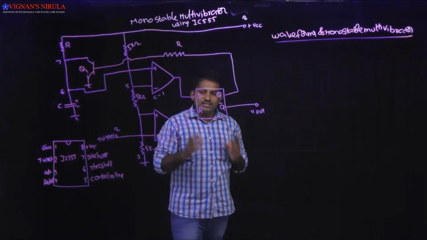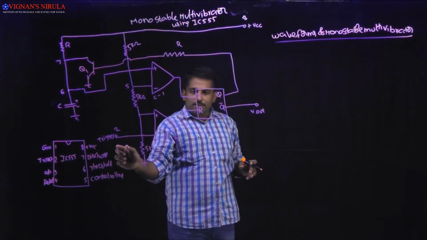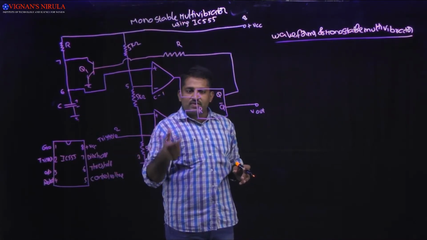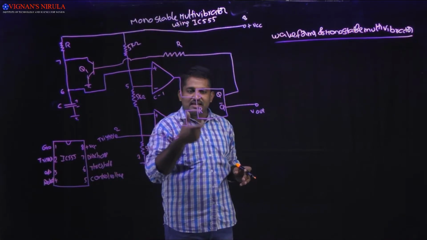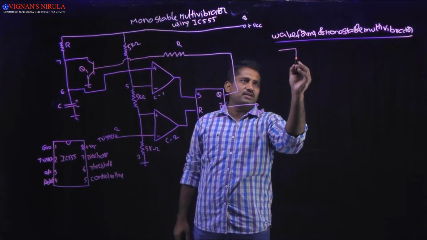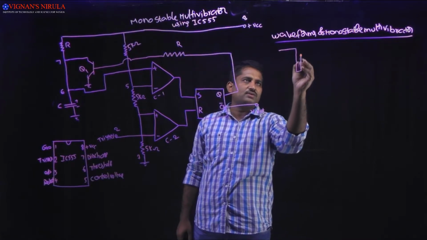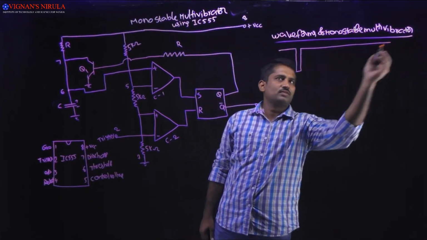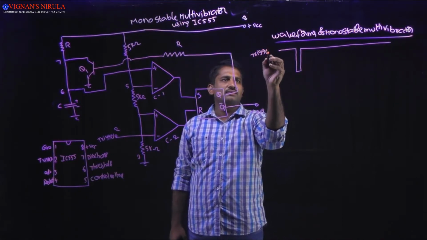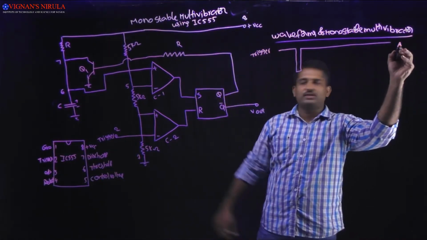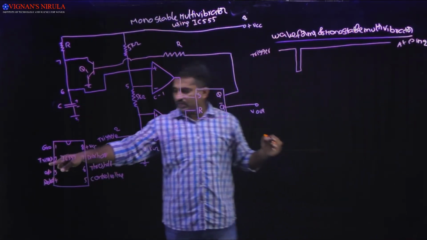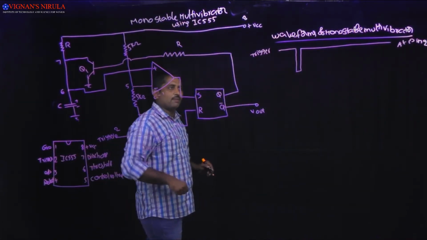First, listen. We are applying the trigger at the second pin. Always the trigger is a negative trigger pulse, so I am considering a negative trigger pulse, which is applied at pin number 2. See this one, the trigger is applied at pin number 2.